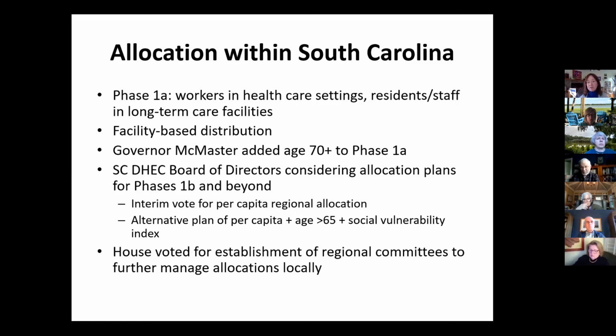When Governor McMaster added age 70 plus to phase 1A, it created some changes in how we want to do vaccine allocation because 70 plus is everywhere. This new plan of adding 65 plus complicates it that much more, that we recognize that we need to have broader coverage.